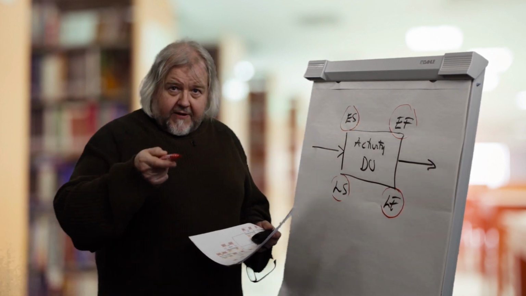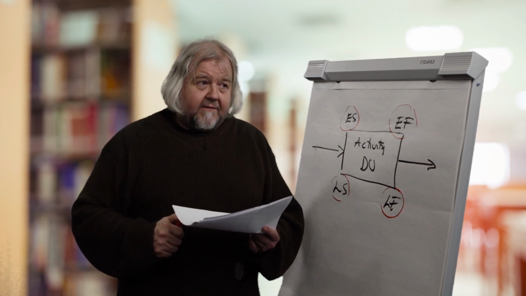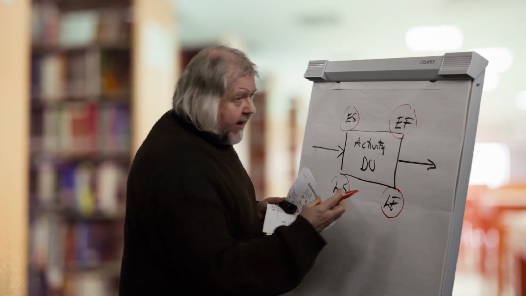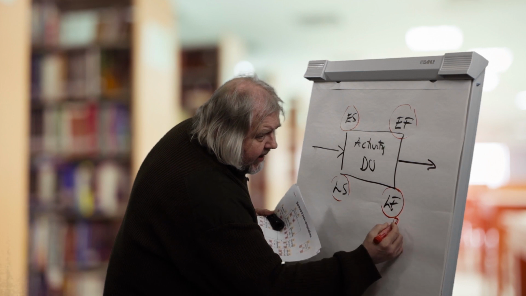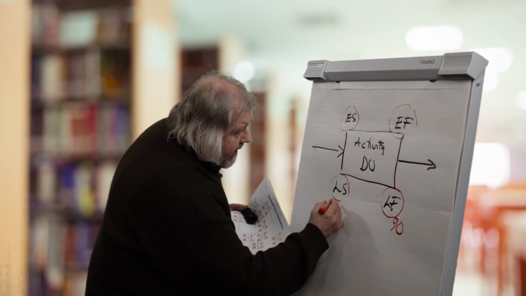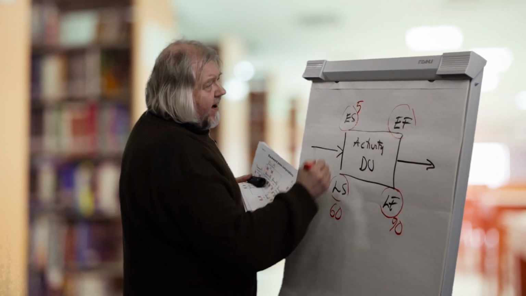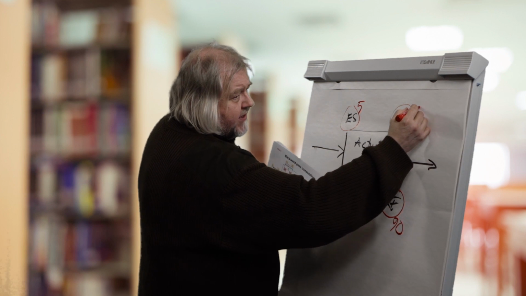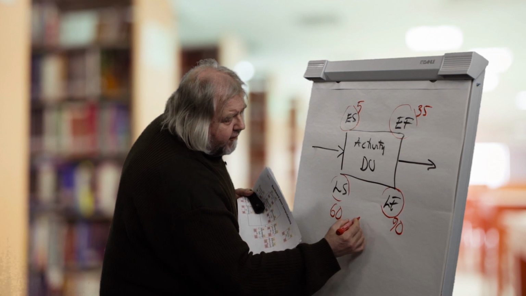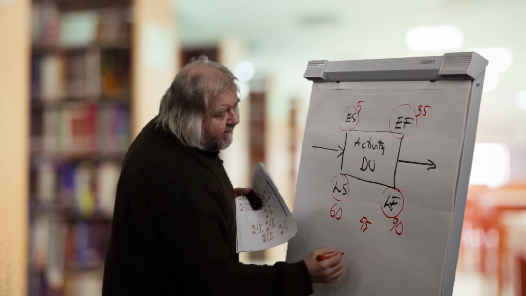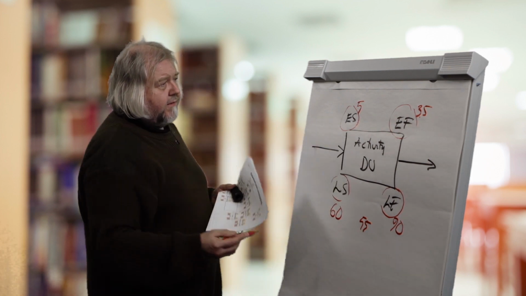For example, if we take from this picture below the wash windows activity, we have the latest finish 90 and latest start 60, and we have the earliest start 5 and earliest finish 35. And we have a float of 55. 90 minus 35 or 60 minus 5.